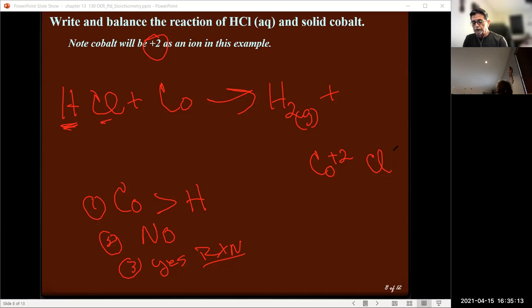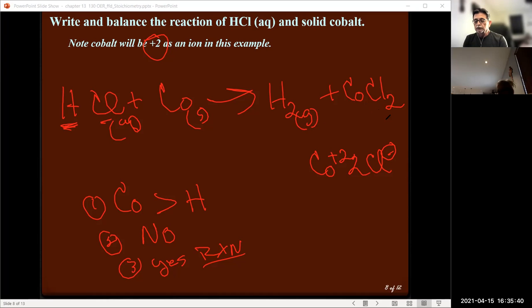So the chloride, we know it's a -1. It's a group 7 element, gains 1 electron, becomes chloride. So our formula says here that we're going to need 2 chlorides for every cobalt. So our formula is CoCl2.